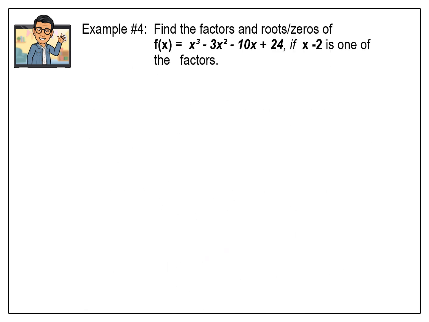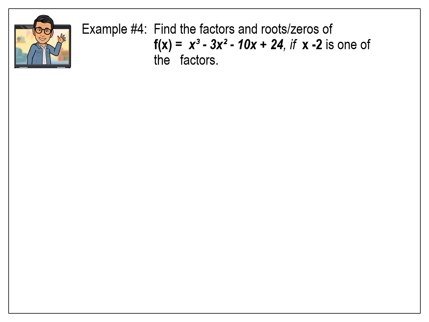Let's have example number 4, our last example. Find the factors and the roots or zeros of f of x is equal to x cubed minus 3x squared minus 10x plus 24 if x minus 2 is one of the factors.